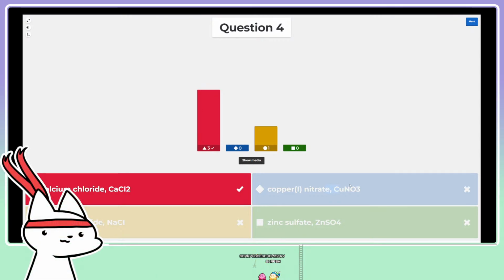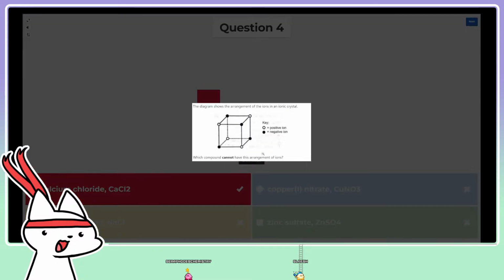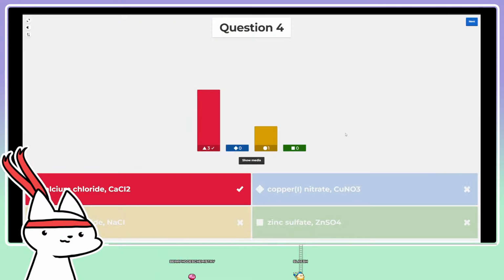Zinc sulfate is 1 Zn to 1 SO4. Sodium chloride is 1 Na to 1 Cl. The first one is 1:2, 1 Ca to 2 Cl. So only the red one cannot have this arrangement because it's 1:2 between the positive and the negative.